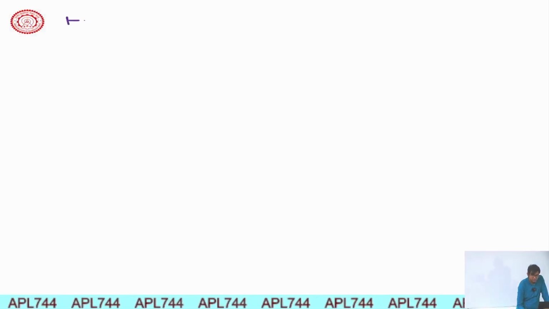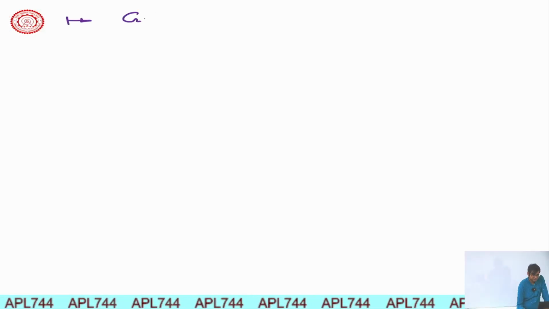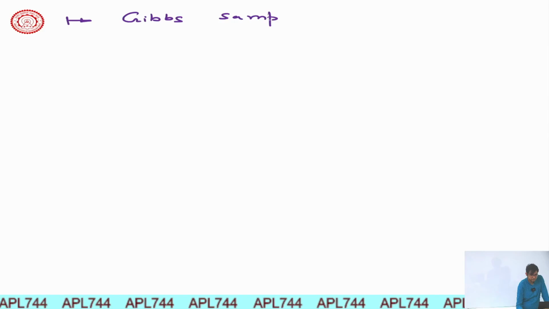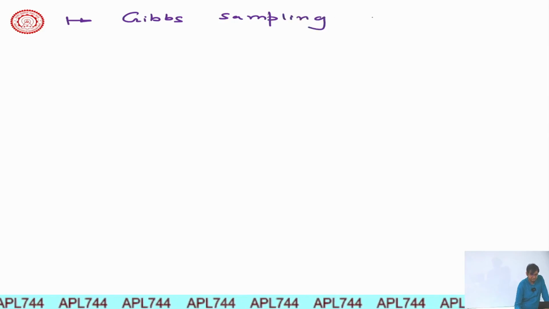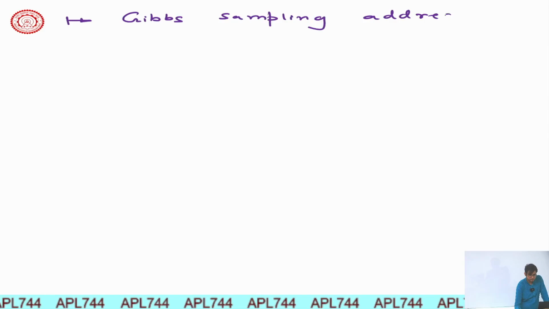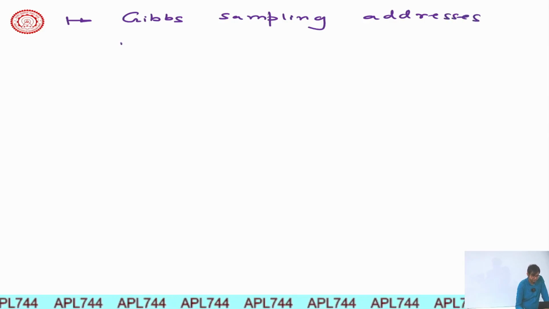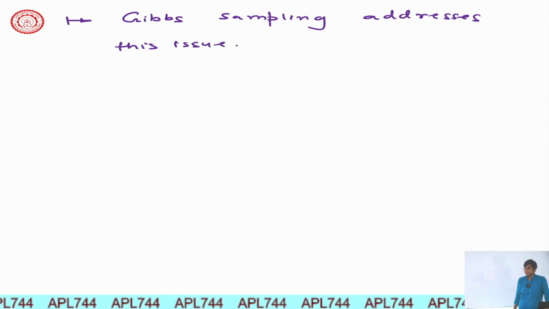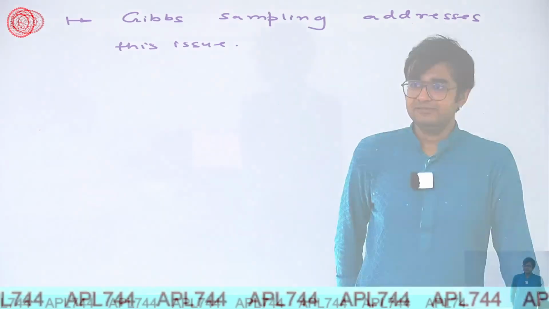So Gibbs sampling addresses this issue. I am not saying, remember, I am not claiming that Gibbs sampling is better than Metropolis Hastings. No, I am not doing that, because Gibbs sampling has its own limitations, which we will see later.